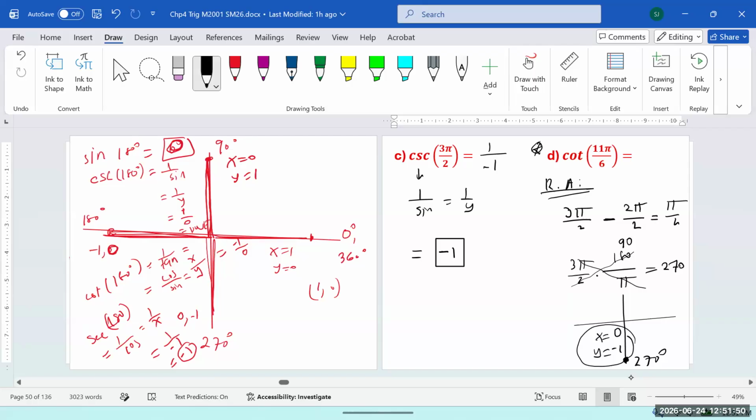Okay, I see. If you can remember your quadrantal angles with their radians, then you don't need to work with reference angles from the beginning. For example, here, 0 degree is 0 radian. 360 degree is 2 pi. This one is 90 degree, which is same as pi over 2.